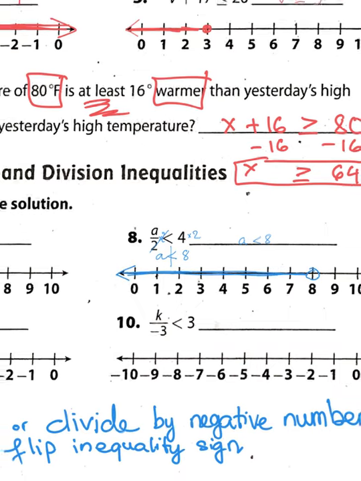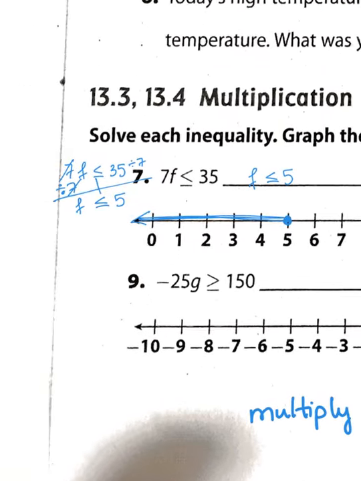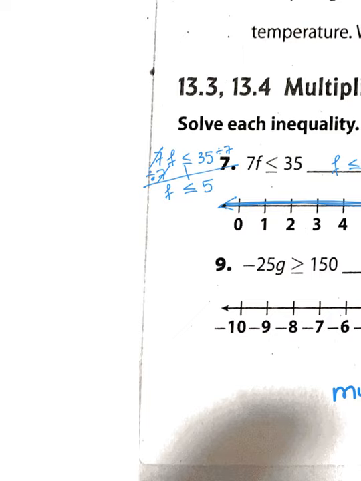Number 9. Negative 25g greater than or equal to 150. And again, negative 25 times g. Not a subtraction problem. Some people are going to add 25 on both sides. Please don't do that. Undo drawing.